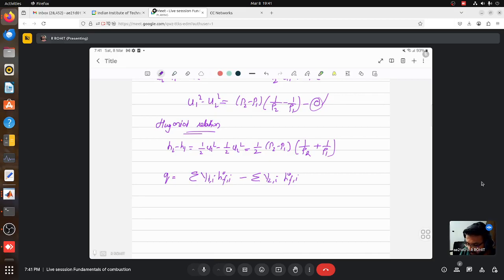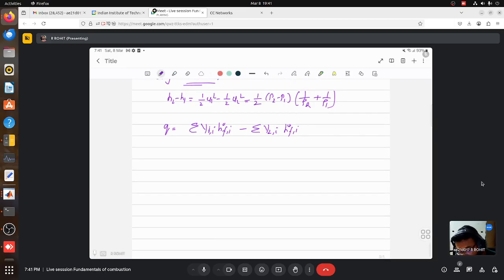And if you substitute it, finally your energy equation will boil down to a form like gamma by gamma minus 1 into P2 by rho 2 minus P1 by rho 1 minus half of U1 square minus U2 square.